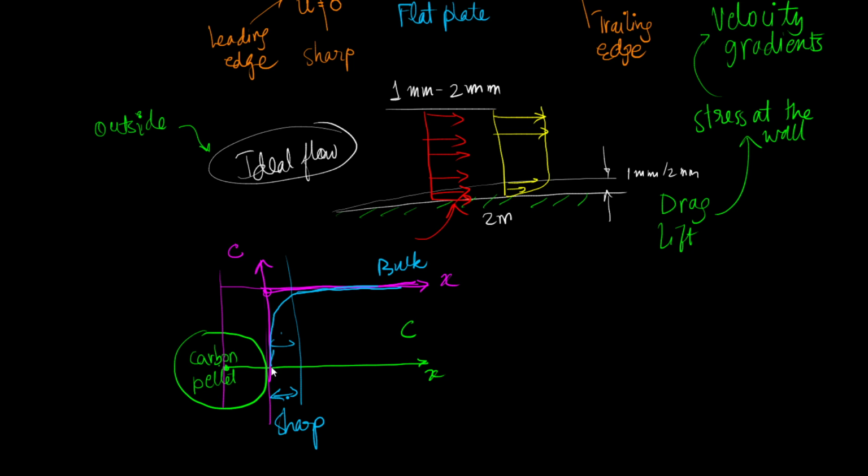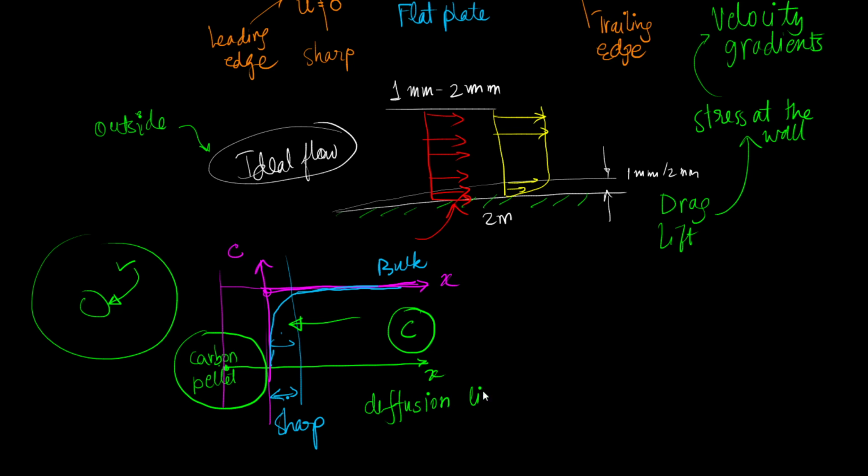But because there is a concentration of the species C, there will be a very slow gradient towards the pellet, because there is no depletion of concentration near the pellet. And if you have a region where this is depleted and this is rich, there will be a migration from rich to depleted. But this diffusion is so slow compared to the reaction that such processes are called diffusion limited reactions.